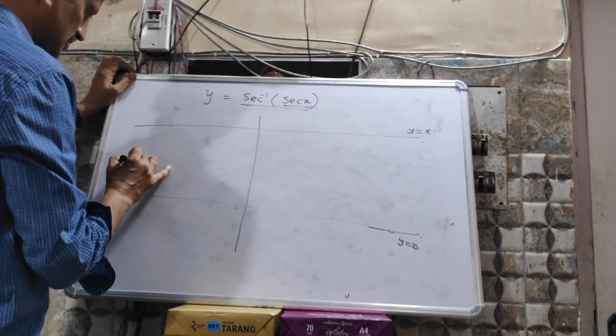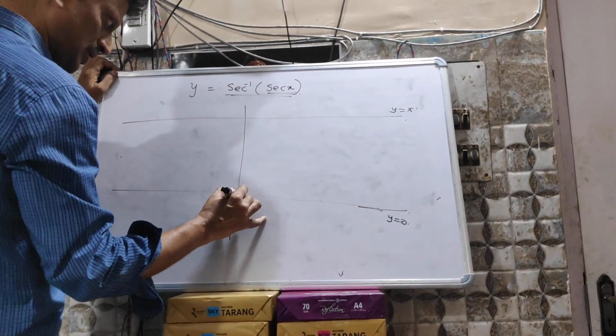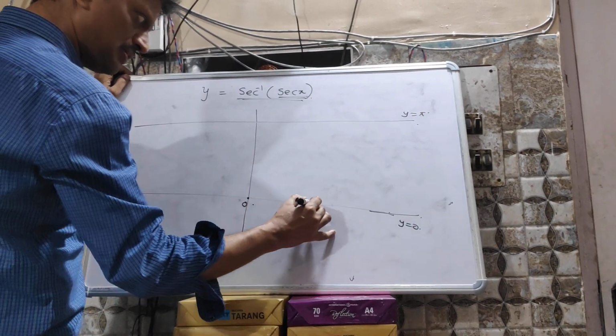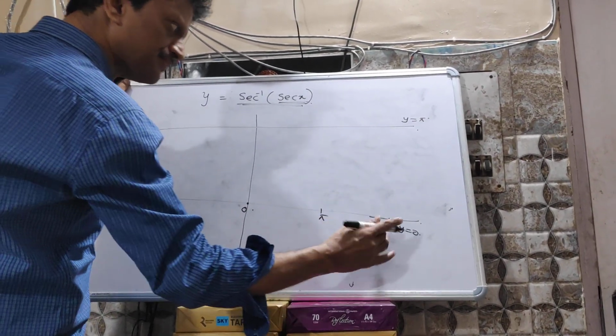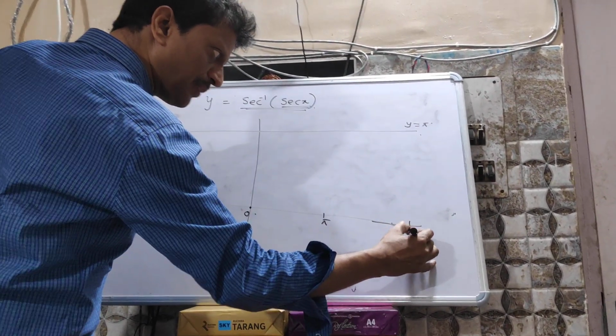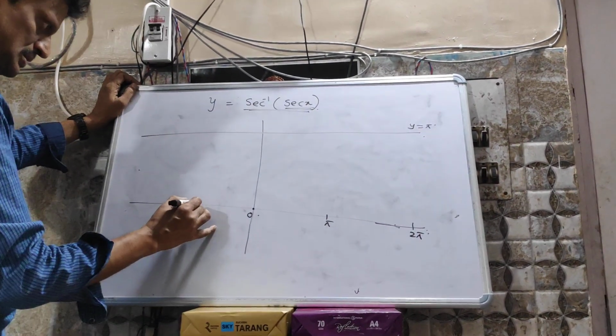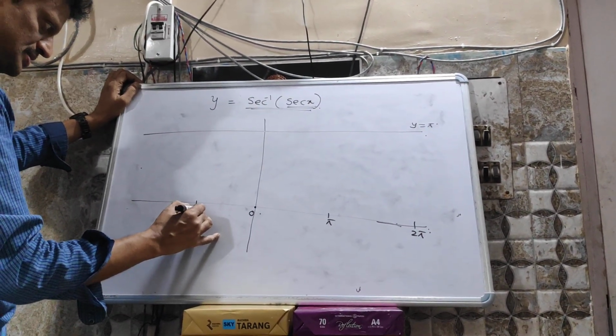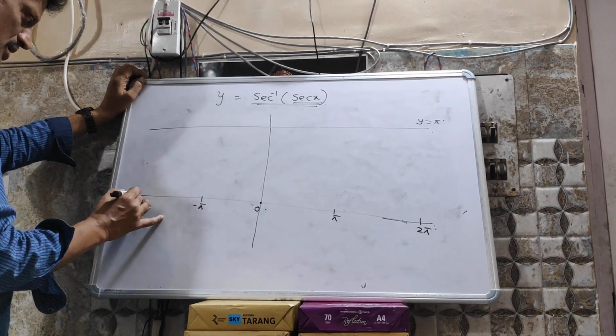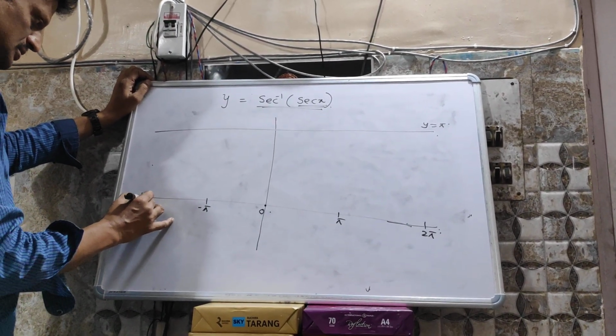This you cannot take. What I am doing is 0, pi, 2 pi, minus pi, minus 2 pi like this.